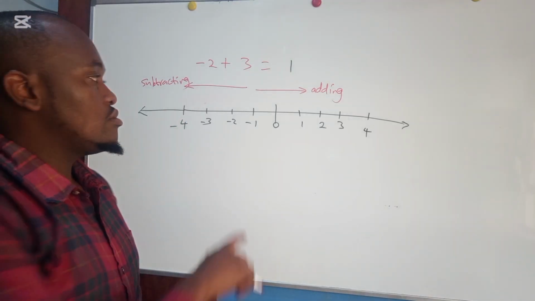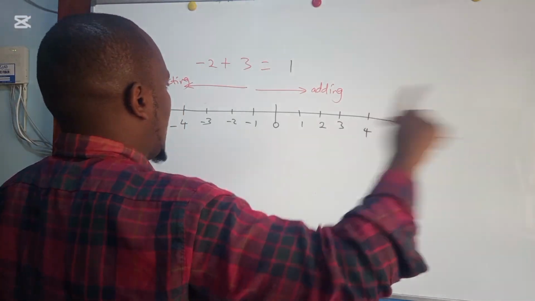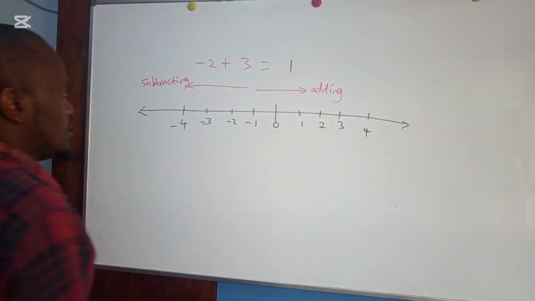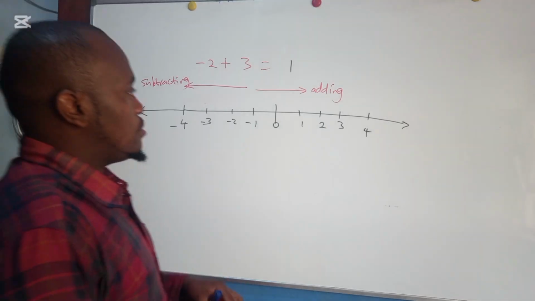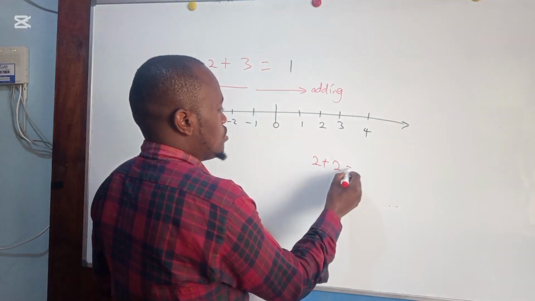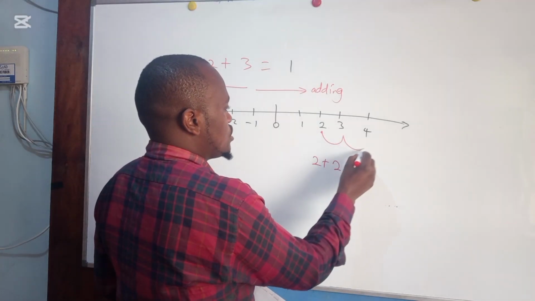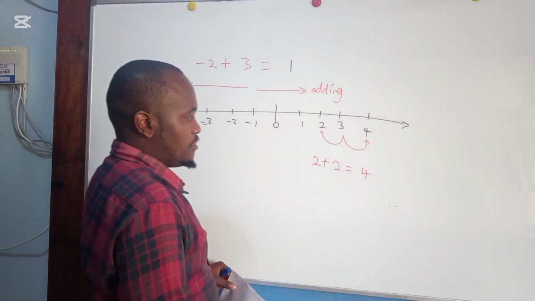When you're facing your paper, the right hand side is adding, and this one is subtracting. So for example, if you're given 2 plus 2, you know the answer is 4.